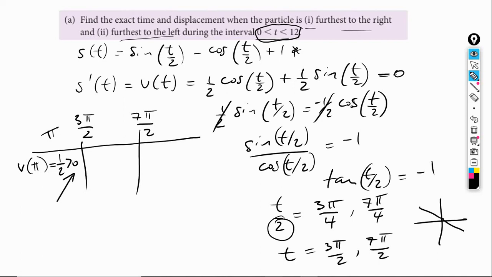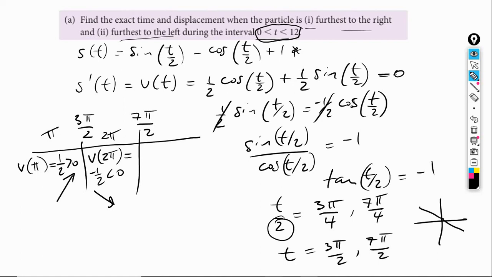But let's verify using a value between 3 pi halves and 7 pi halves, something like 2 pi. What's the velocity at time 2 pi? If we do the math, this is going to equal -1/2, which is less than 0. Therefore, the graph is decreasing. That means that 3 pi halves is a maximum.